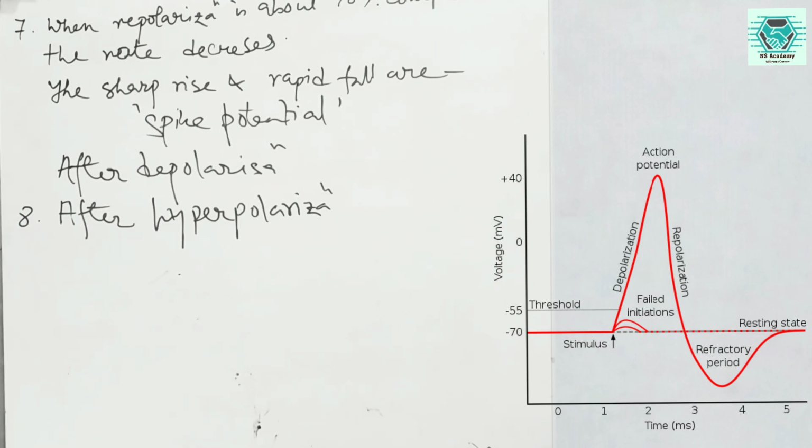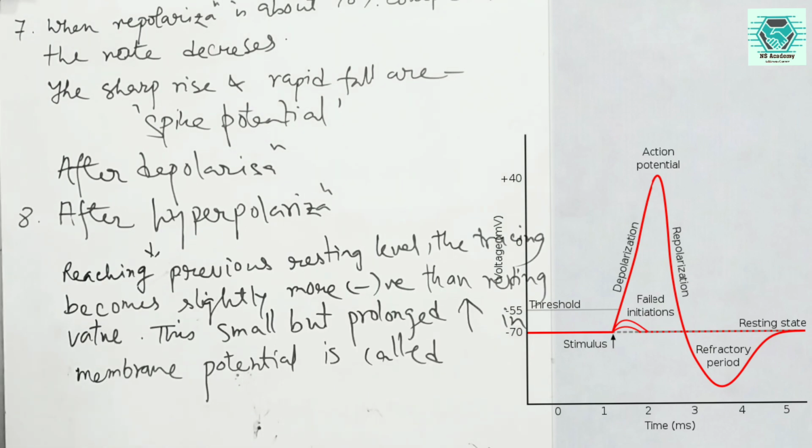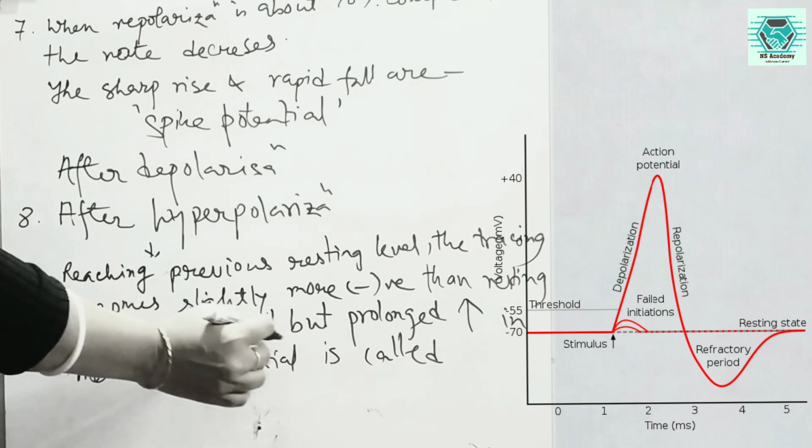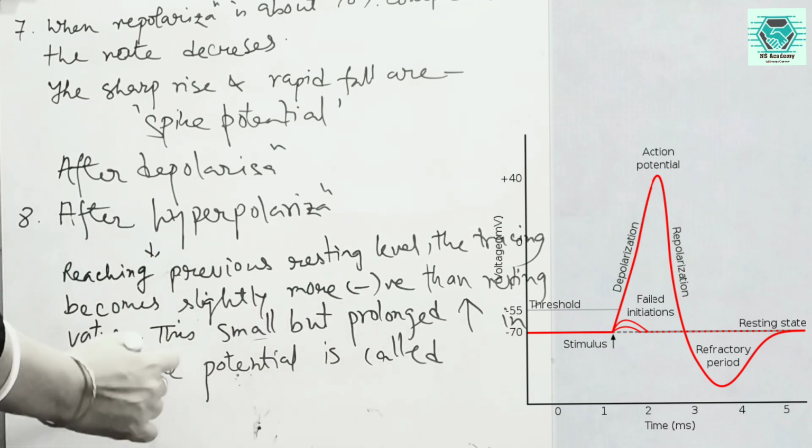After reaching the previous resting level, the tracing becomes slightly more negative, and that's why the curve goes down more negative than its resting value for quite some time. This small but prolonged increase in the membrane potential is called after hyperpolarization. So can you understand after hyperpolarization?